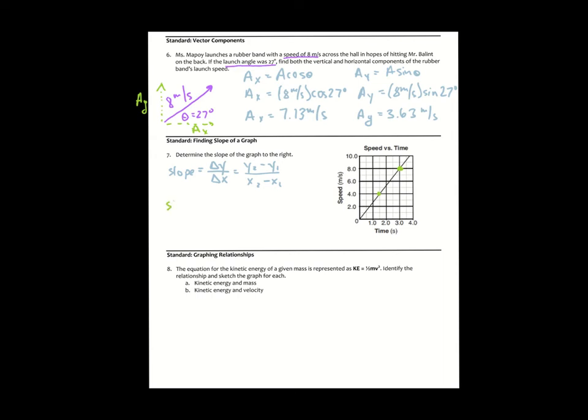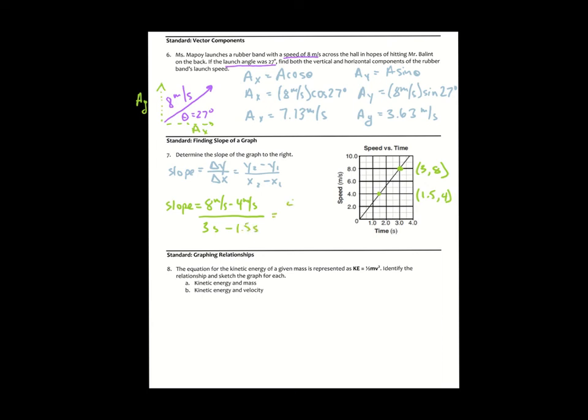And don't forget to show your work, so you substitute values in. This point over here, closer to the top, that's a point of 3, 8. And then the one closer in the middle is 1.5, 4. So we're going to do the y's first. So 8 meters per second minus 4 meters per second divided by 3 seconds minus 1.5 seconds.